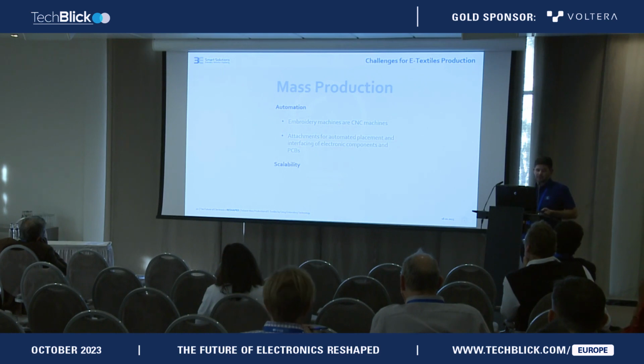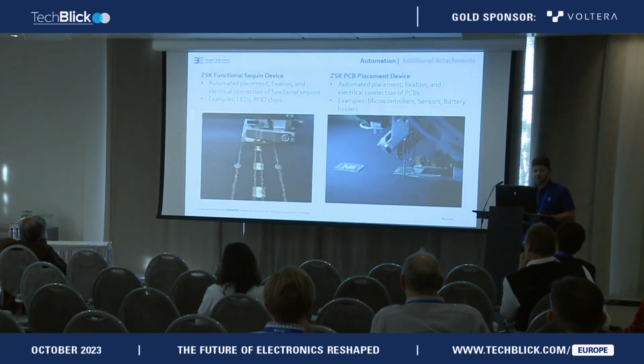As I mentioned also, we have additional attachments that are not typical for normal embroidery machines, but they allow us exactly for the creation of e-textiles to automate the integration of functional sequins or PCB boards.